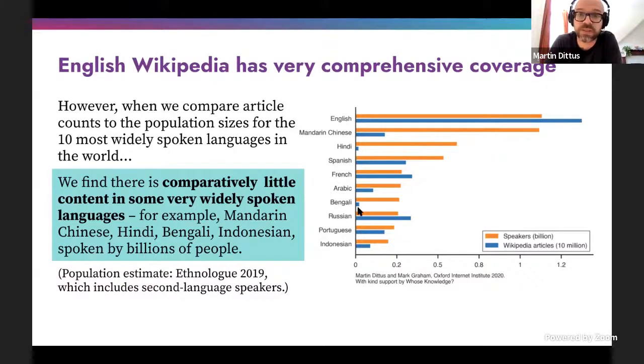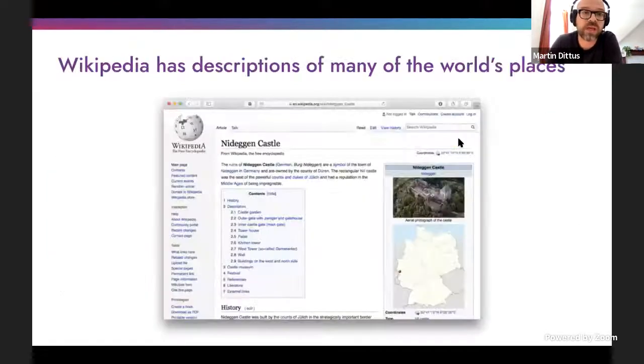So we see here, many speakers of Bengali, of Hindi, might also be able to speak English, so that they can use the English Wikipedia instead. But chances are they won't find most information in their own language.